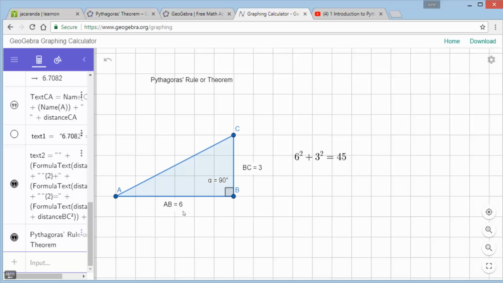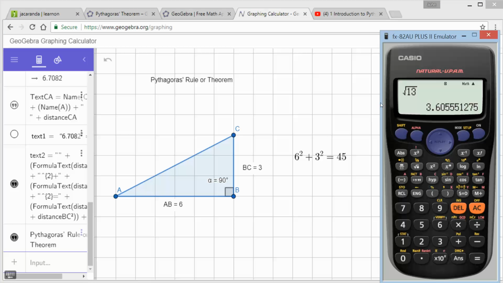So hopefully you would have said, I now know that CA squared is 45. So all I need to do is take the square root of 45 and we get 6.708. And again, think in terms of the reasonableness, it should be a number that's greater than both the shorter sides. One of the sides here is a 6, so we expect that number to be greater than 6. If you get something less than 6, something's gone wrong.